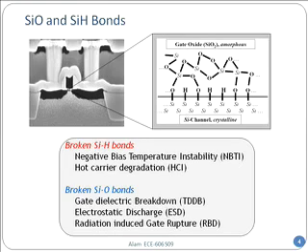And if you have silicon-oxygen broken bonds, in that case the various mechanisms that are associated with it will be called gate dielectric breakdown, electrostatic discharge, radiation-induced gate rupture, this type of thing. These are various things. I'll give you some examples. By the way, do you see this hot carrier degradation?